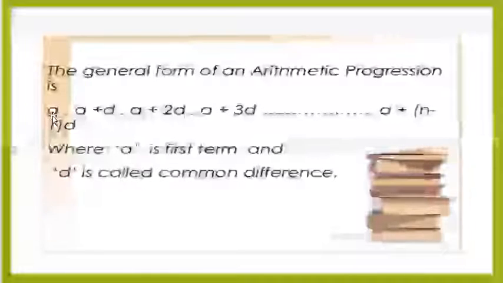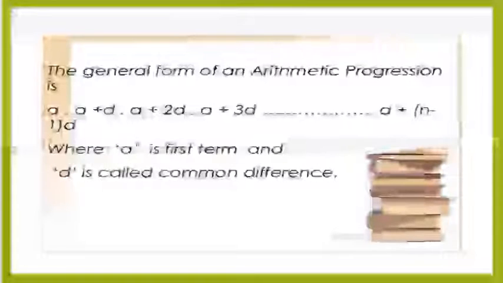Remember always, students, a is the first term and d is called the common difference. So for arithmetic progression we have to always remember that small a means first term and small d means the difference between two numbers.